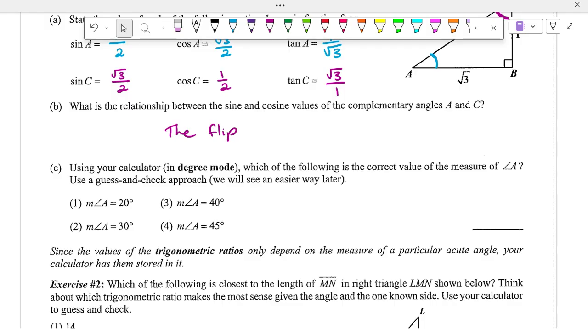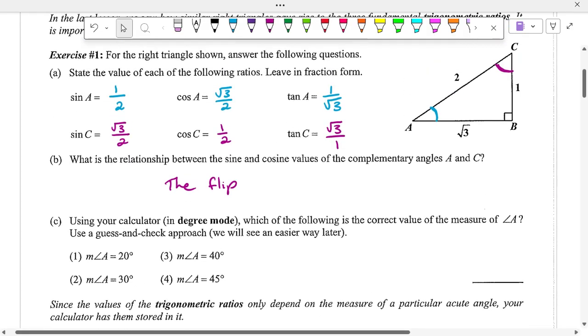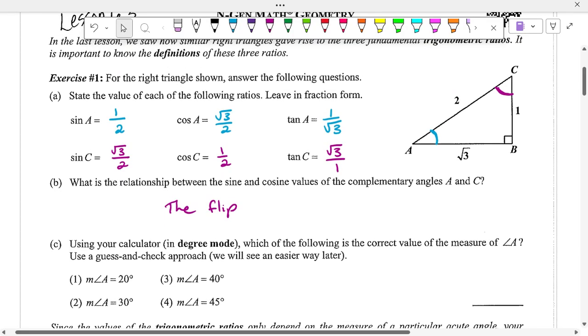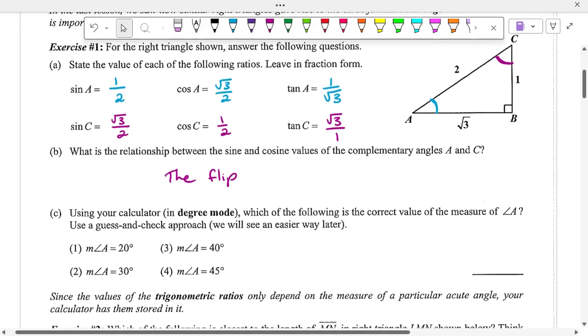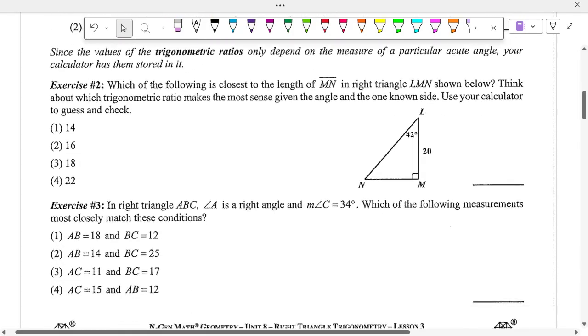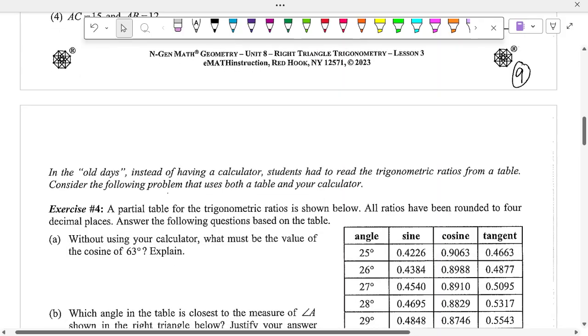So, let's think about this logically. How do you think I can use my calculator? Or, better yet, let's not use our calculator yet because I haven't even broached what that is. All right.